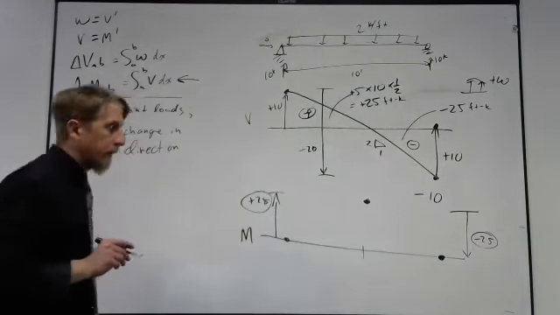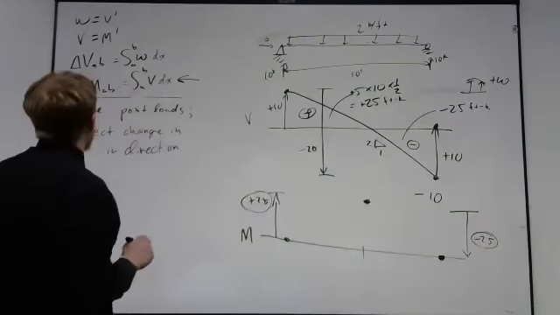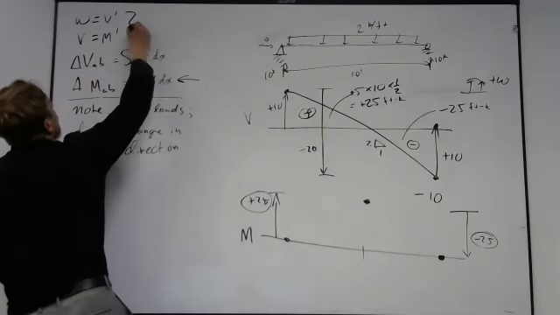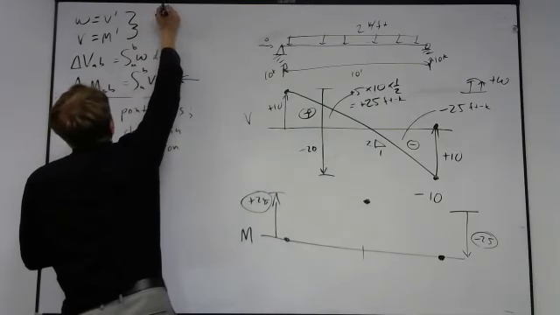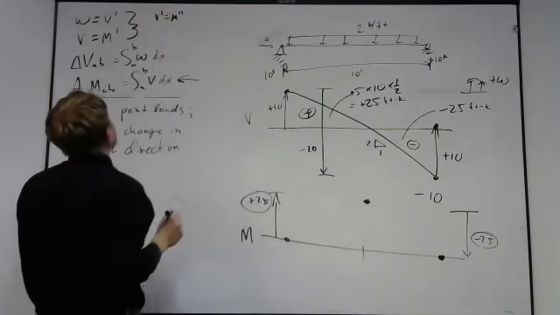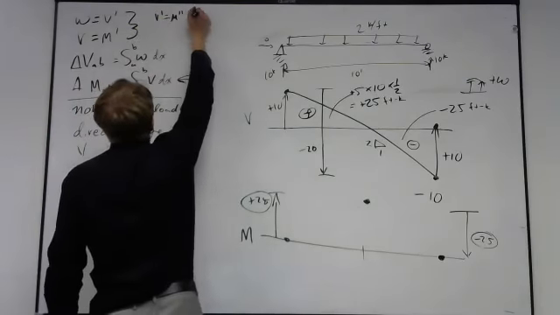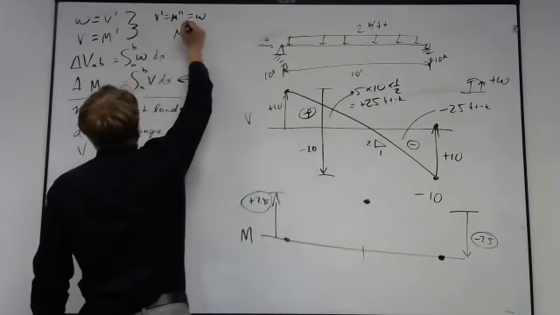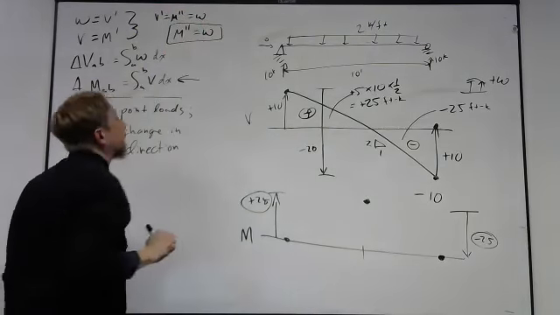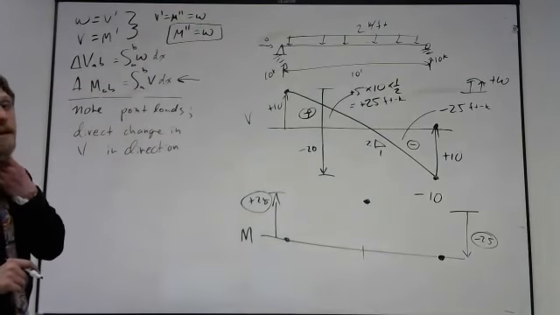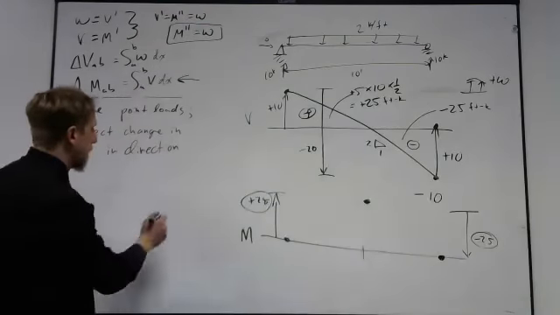How do I connect these? Well, I'm going to do an easy way. I combine these two. Let's differentiate the second one. V prime is M double prime, but V prime is also equal to W. So I've got M double prime is W. This means that the curvature of the M diagram is W. Okay.